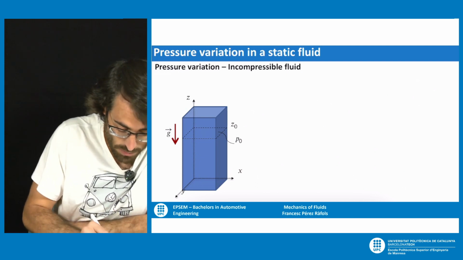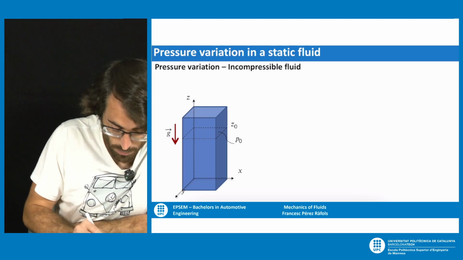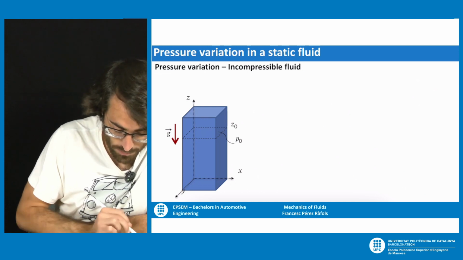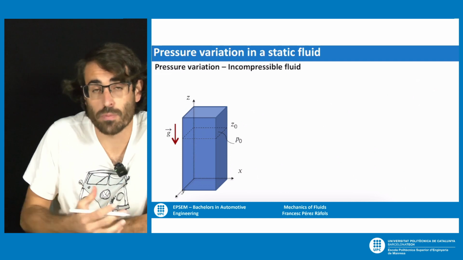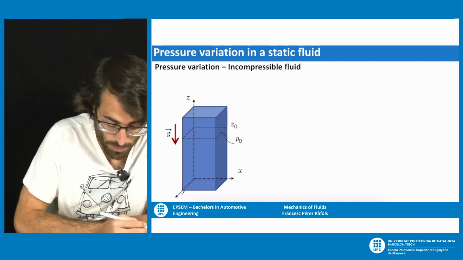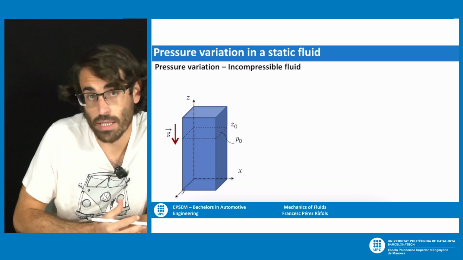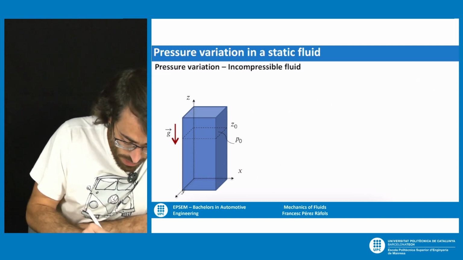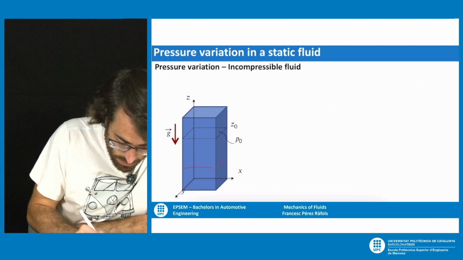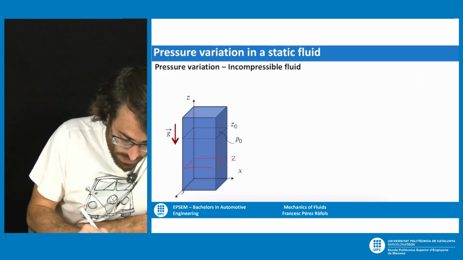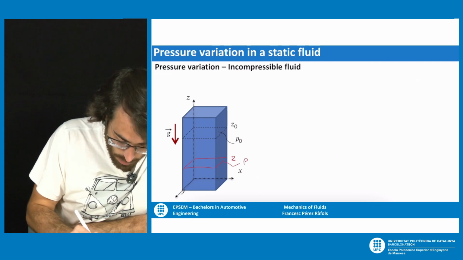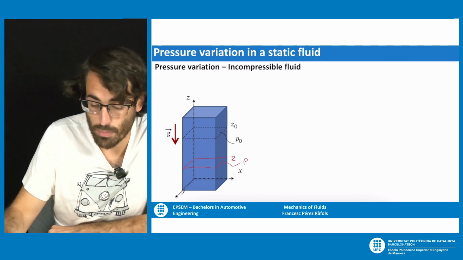With that, we can look at an incompressible fluid and see how pressure will vary in there. So we have this plane here at height z0 and pressure P0. That's a reference plane, somewhere where we know the pressure. And of course, it can be a plane because there's no variation in x and y. Now say we have a point here at z, at a certain depth, and it will have a pressure P. And we want to know what the pressure is.